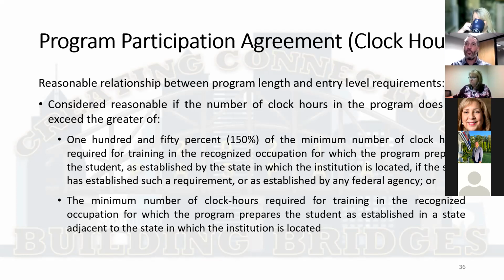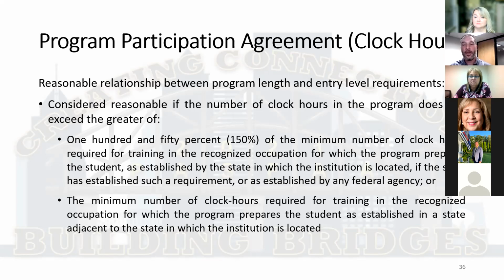The state all of a sudden had a massage therapy program that was 700 hours. They brought it down to 500 hours. And the institution wasn't aware of that. So what the department says, only 150% of that. They were paying aid on 862 hours. But the regulation said that they should have brought it down to 750.